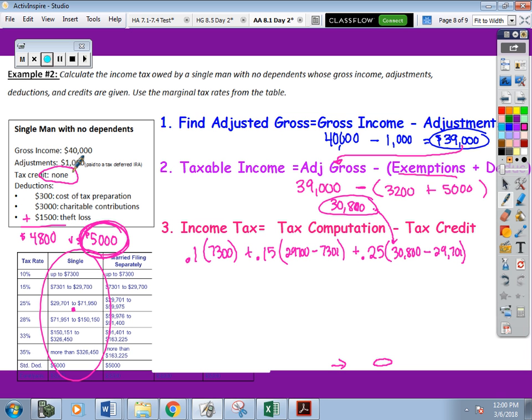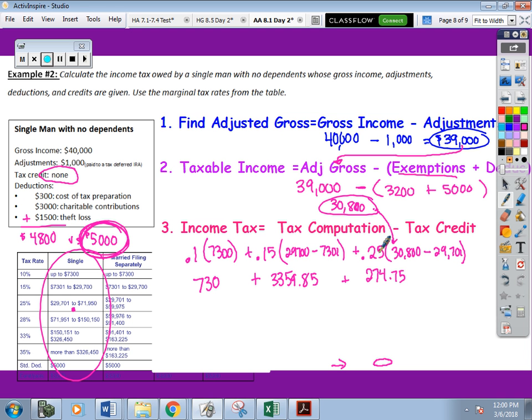Again, you can either do it piece by piece. So multiply these, get 730. Subtract and multiply these. Subtract and multiply these. So if you look at the numbers I have come up with, even though the 25% is a larger percentage, you're only paying $274 of that percent.